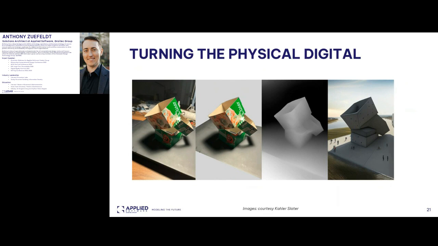They're taking scans and photographs of their physical models that are super quick, rough and dirty, high concept, and bringing them into applications to generate renderings that they can present to the clients.